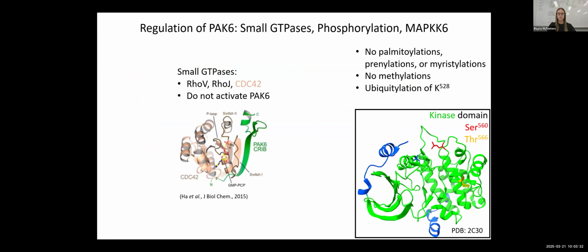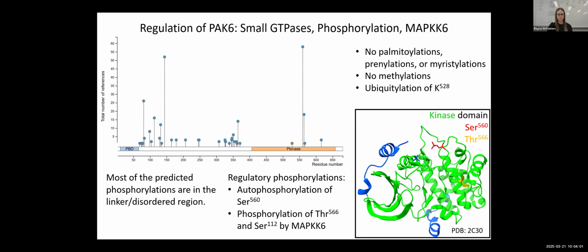In the PAC family, PAC1, 2, and 3 are all activated by small GTPases, and these GTPases interact with a crib domain, as can be seen here in this example of PAC6 crib domain with CDC42. In PAC6, the small GTPases don't seem to activate PAC6, but may be involved in the translocation or localization of the protein. In terms of post-translational modifications, there's no lipid modifications or methylations.